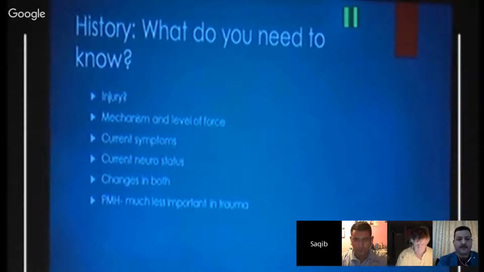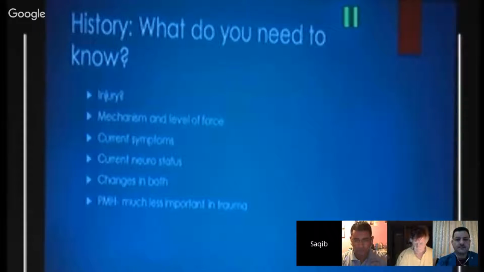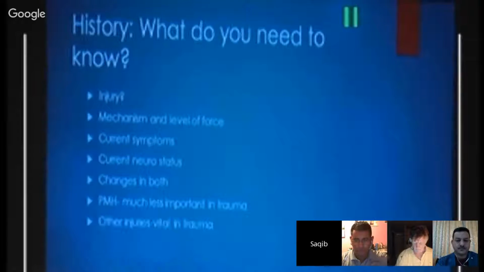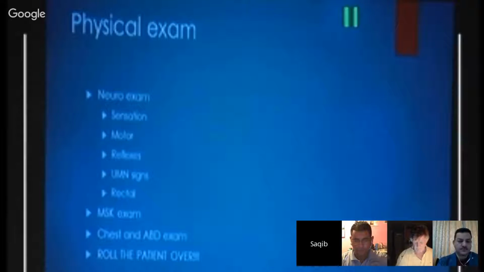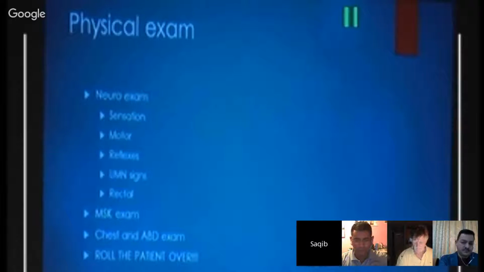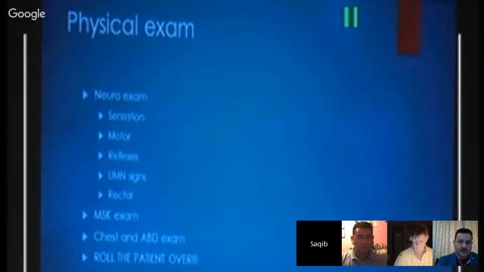Past medical history, not really that important in trauma, but very important in the potential for tumor or infection or even degenerative disease. In trauma, the key is you also need to know what are the other injuries. So the physical exam, we went through this, the neuro exam, sensation, motor, reflexes, upper motor neuron signs.